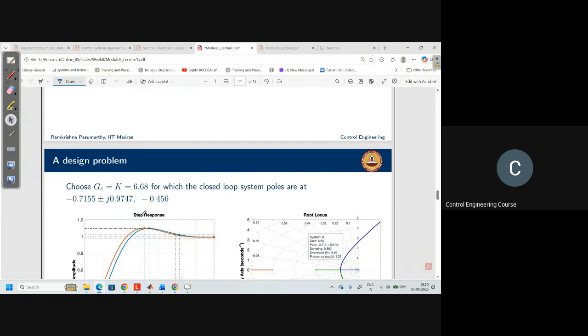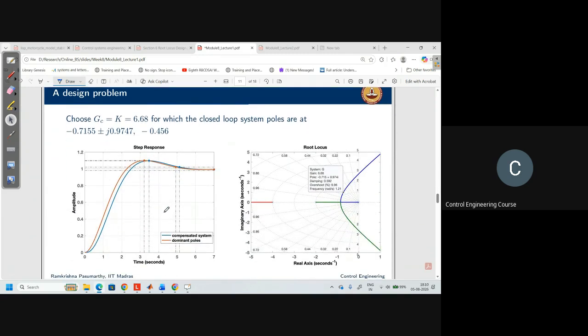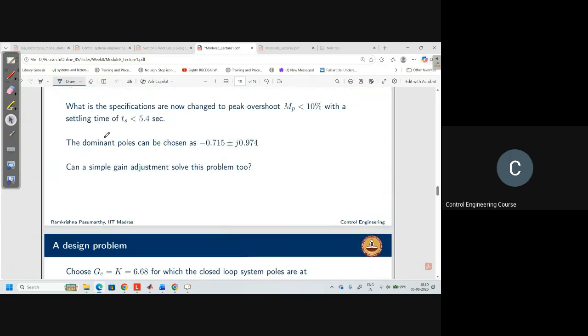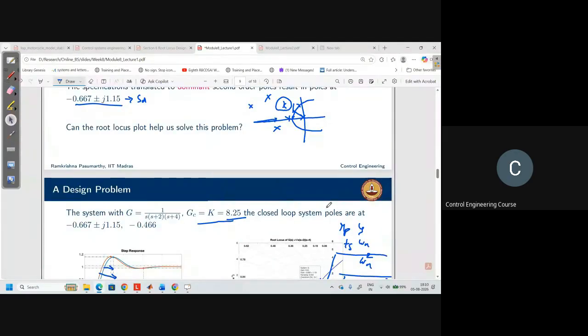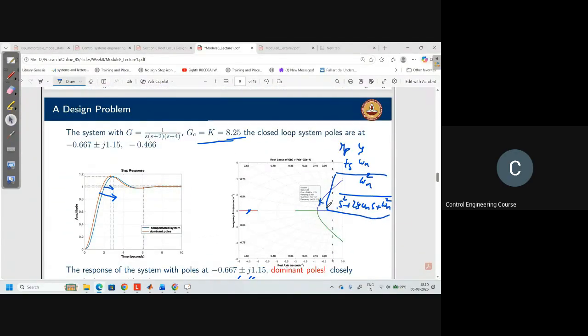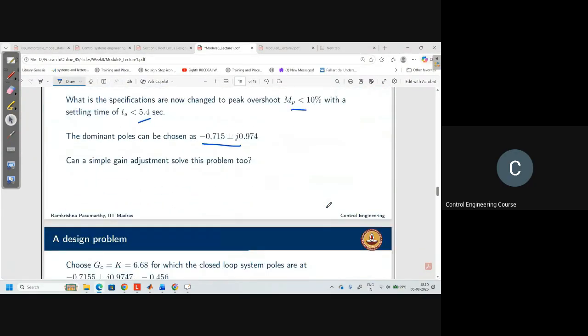Suppose another example, where it is also the same thing. In another problem, they gave desired poles where this time Mp is less than 10%, and this is 5.4%. So the desired pole locations are here. Now again check the root locus of G(s), that is 1 by s into (s plus 2) into (s plus 4).